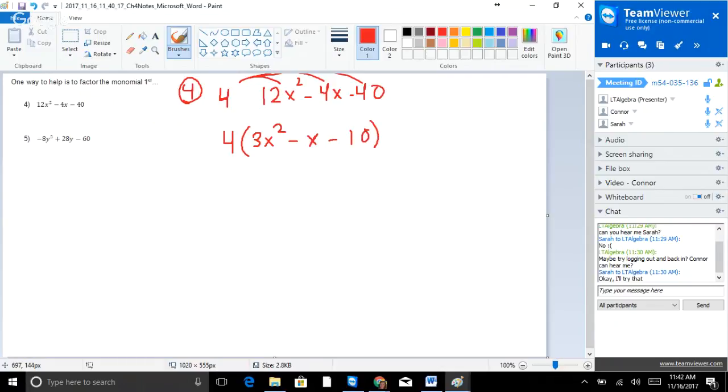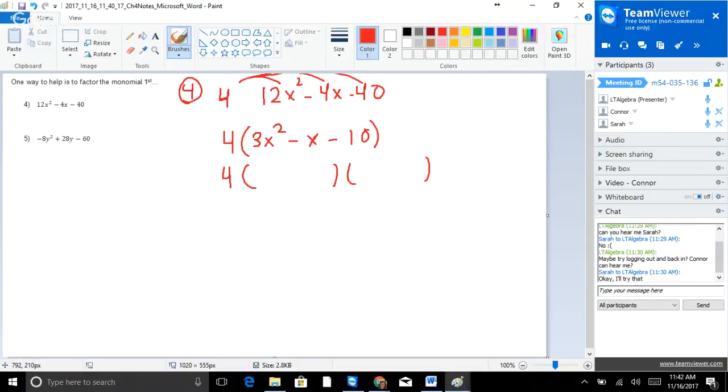Now my second expression, although not super pleasant, looks a lot easier to factor than 12 and 40. Now I just have a 3 and a 10 to deal with. You just leave this 4 out front because it's multiplying the whole thing, and then I'm going to factor.